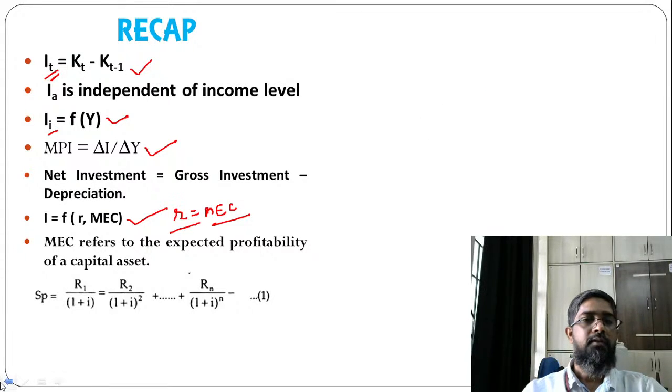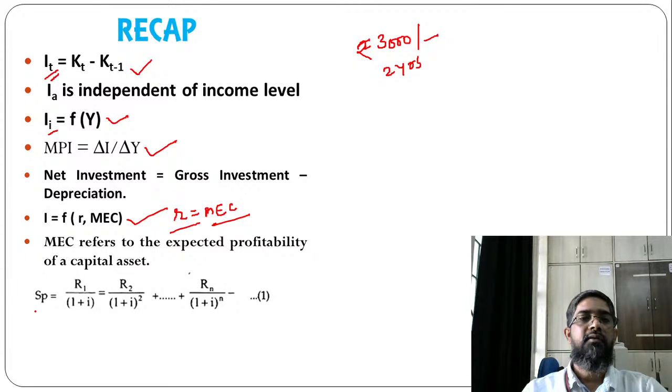Okay, so what I told you, suppose there is a machine which you purchase for 3000 rupees. This example I had given, 3000 rupees, and the life of the machine is 2 years, right?